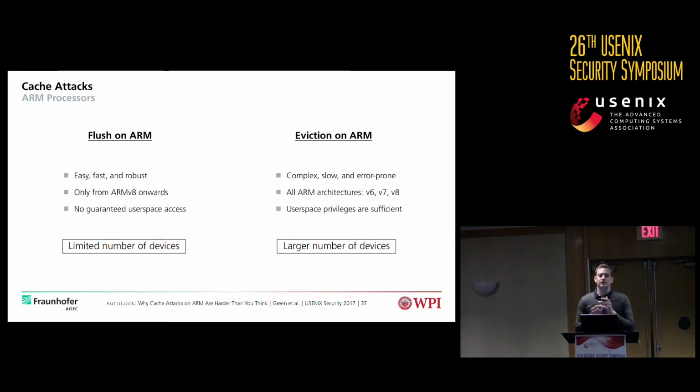But in contrast to x86, these flush instructions have only been introduced in the very recent version 8 architecture, and they have to be enabled for usage in user space. So flush-based attacks only affect a limited number of devices on ARM. Whereas eviction, which is, of course, more complex, slower, and more error-prone, as we saw, applies to all architecture versions and can be done from user space. So we have a larger number of devices that are affected by them.